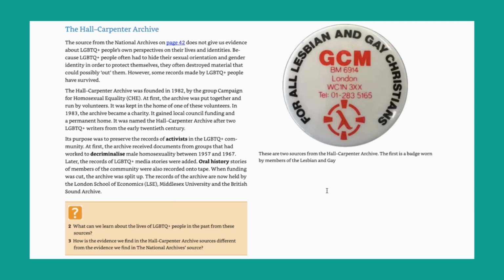Again, these pieces of evidence taken from this archive can give us some really interesting evidence and open up some really interesting questions about who is involved in activism. So students might be interested in looking at this badge here to see it's issued by the lesbian and gay Christian movement. And on the following page, this leaflet here shows them that there are trade unionists being involved in the campaign against Clause 28, as it was at the time.